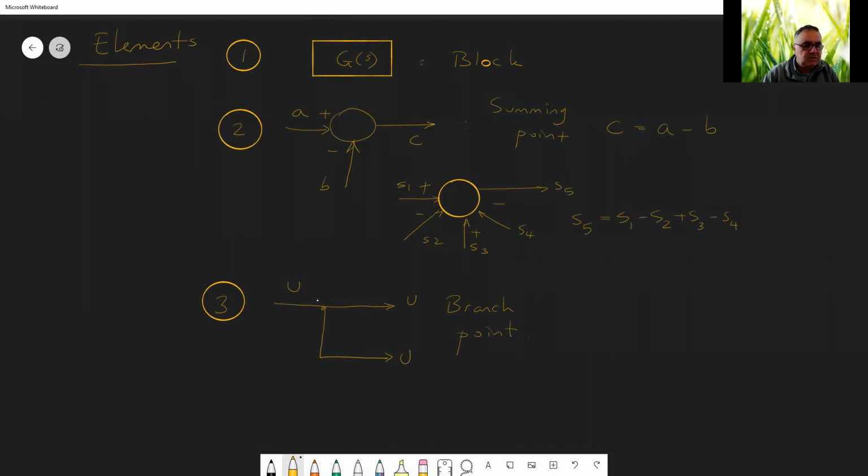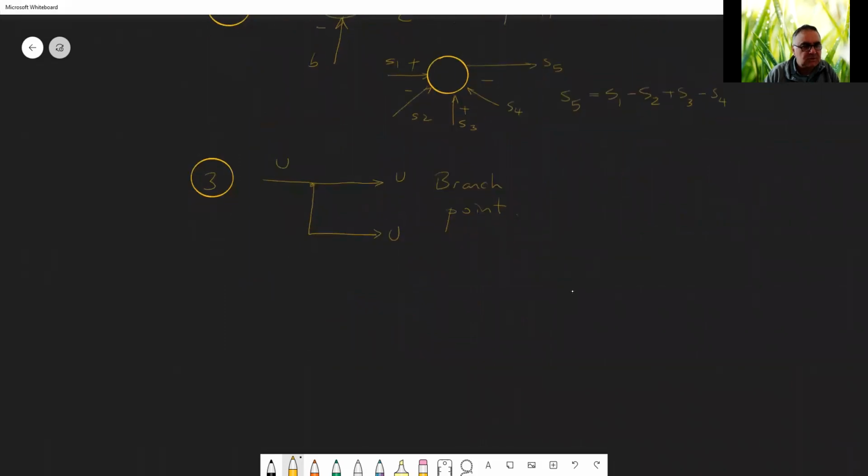So the signal itself gets divided into two, but it doesn't lose its value because it's branched into two. It is not like a flow. It is a signal. We can use these in order to generate models of systems.